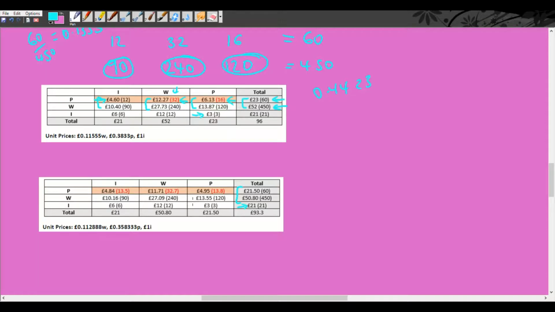And so what it's doing here is taking the total of these two. So 50.80 plus 21 is 71.80. And 21.50 divided by 71.80 is 0.29944.